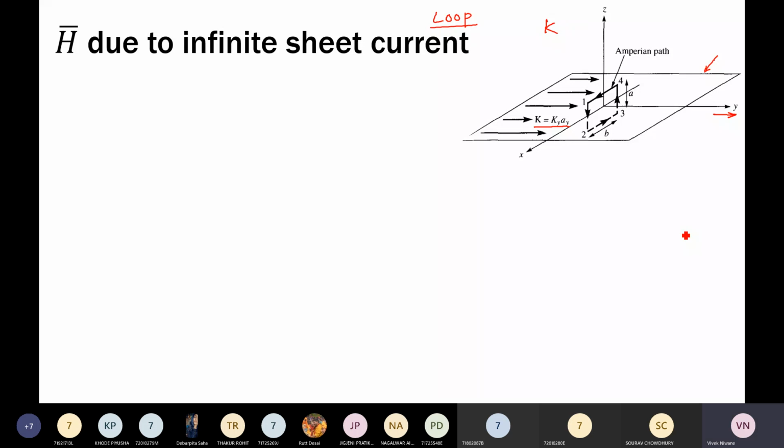Hello, I'm very sorry. Observe over here, we have considered one loop starting from 1, 2, 3, 4 and coming back to 1. So this is necessarily a closed loop. It has breadth B and height A. We have decided the direction of the loop according to the right hand rule.